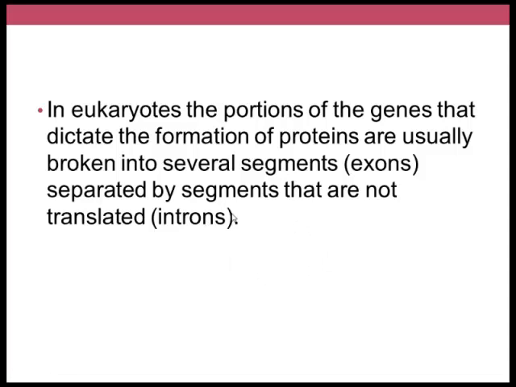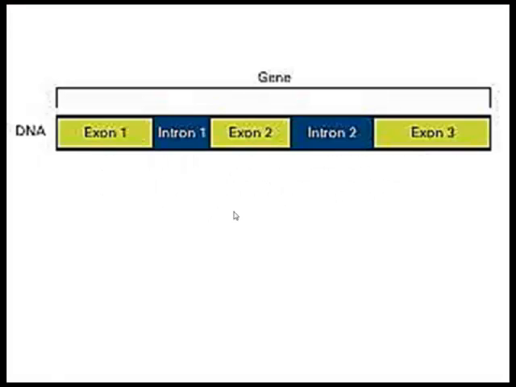So exons are going to be translated to give rise to the polypeptide chain that we need to synthesize, but introns are not translated, though they are present at intervals between exons. So this is the structure of genes, alternating segments of exons and introns. Exon 1, intron 1, exon 2, intron 2, exon 3, and so on.